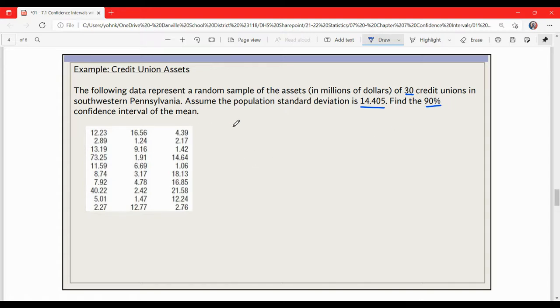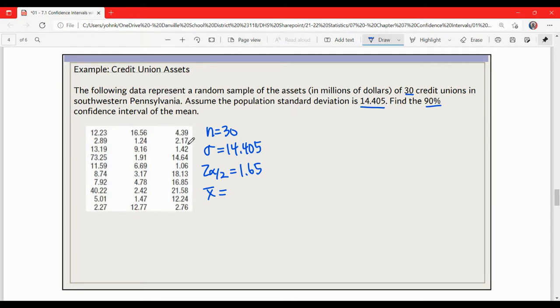Okay, so I know that my sample size is 30. I know that the population standard deviation, or sigma, is 14.405. I know that we're at a 90% confidence level, so Z alpha over 2 for 90% is 1.65. The only thing I don't have is my sample mean.